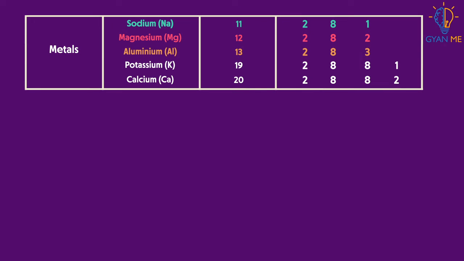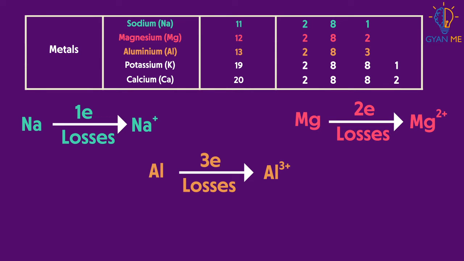For example, if sodium, magnesium or aluminium gives up its 1, 2 and 3 electrons respectively, M shell becomes empty and the last but one shell, that is L shell, becomes the outermost shell and has octet configuration. And by doing so, these elements attain the stable state configuration.